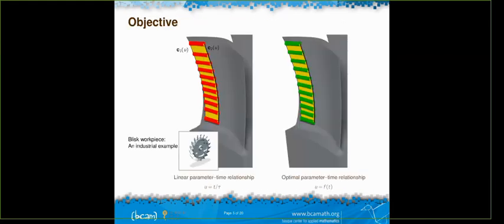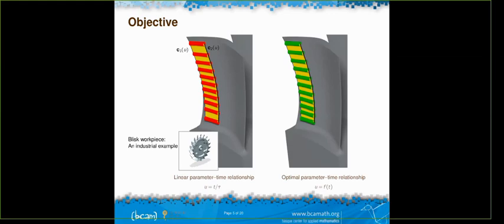The objective of this work is to minimize the jerk, as I told you before, but more importantly, when we have an input toolpath, like what we have on the left in this figure, the tool positions are sampled uniformly in time with red cylinders.